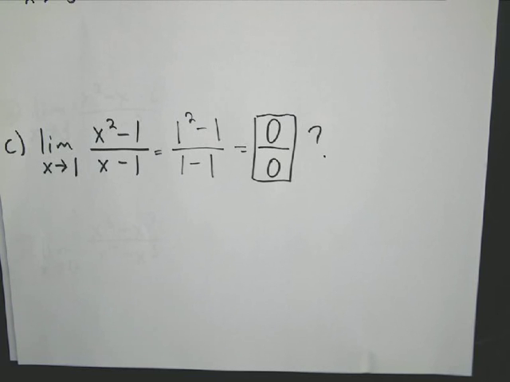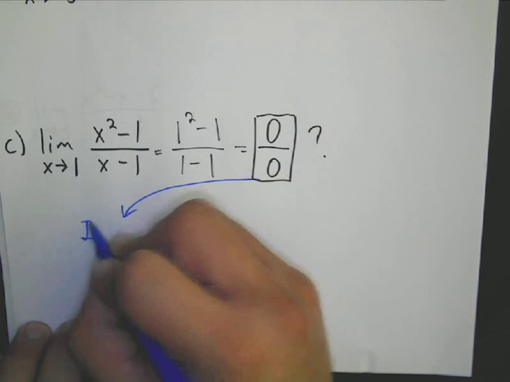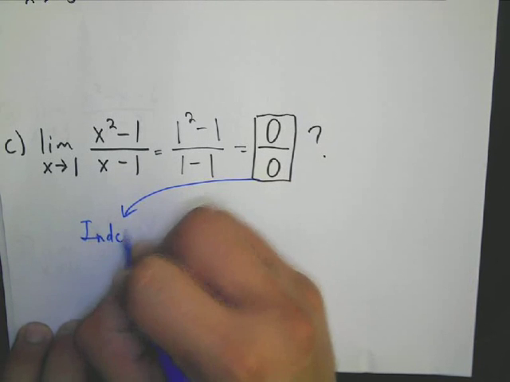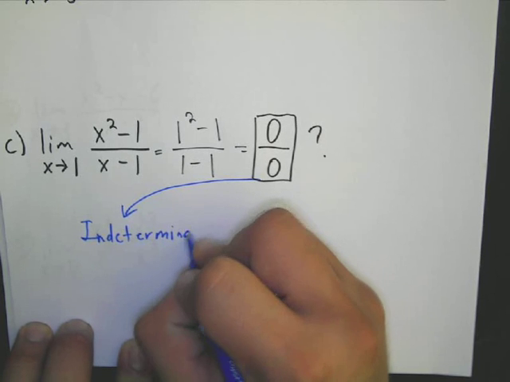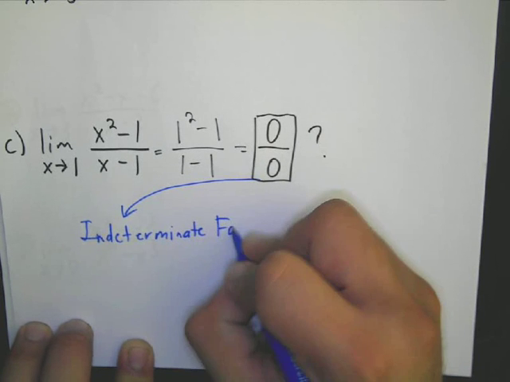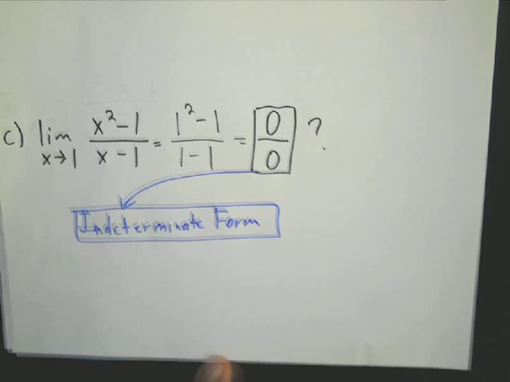That's the key distinction. If it was 3 or 4 or 5 over 0, that would violate something and the limit wouldn't exist there, or it could shoot off to infinity. But in this case, it's 0 over 0, and whenever we see that, we call that indeterminate form. Would you say undefined? No, we cannot say undefined, and I'm going to tell you why in a second.